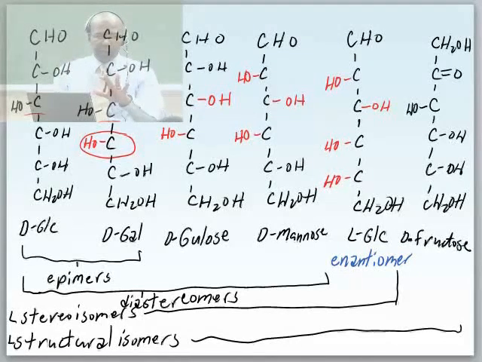If all of your chiral centers are different, and one molecule is a mirror image of the other, just like L and D, they're called enantiomers. L-glucose is an enantiomer of D-glucose.